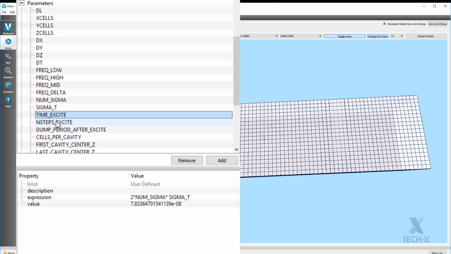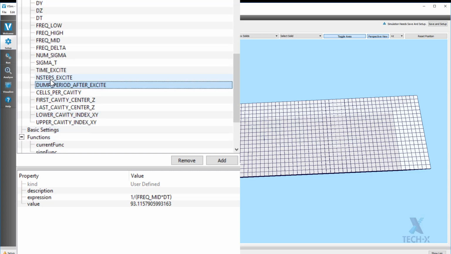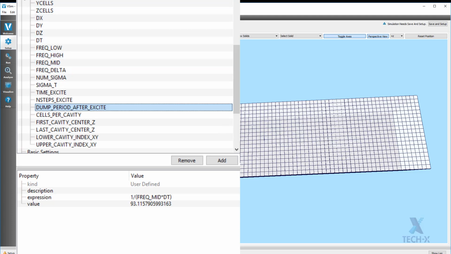So this is how long we want to excite for. We need to know how many steps that is in our simulation, so we divide that by dt, and we add 1, just to make sure that we're rounding up. And then the rest of these will have to do with the analysis afterwards, so I'll talk about those later.